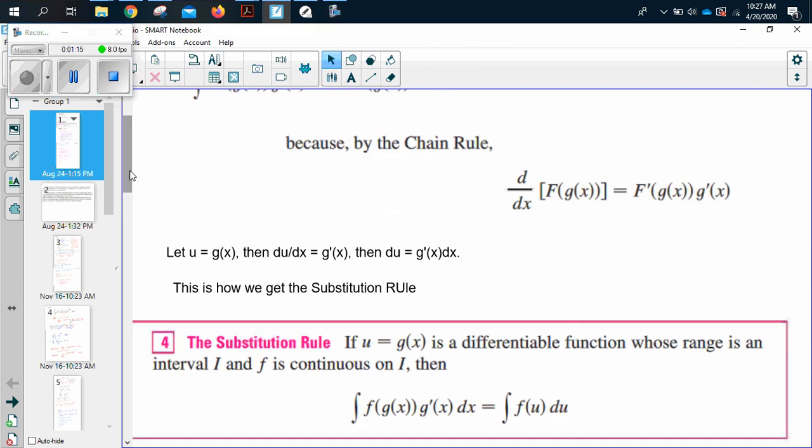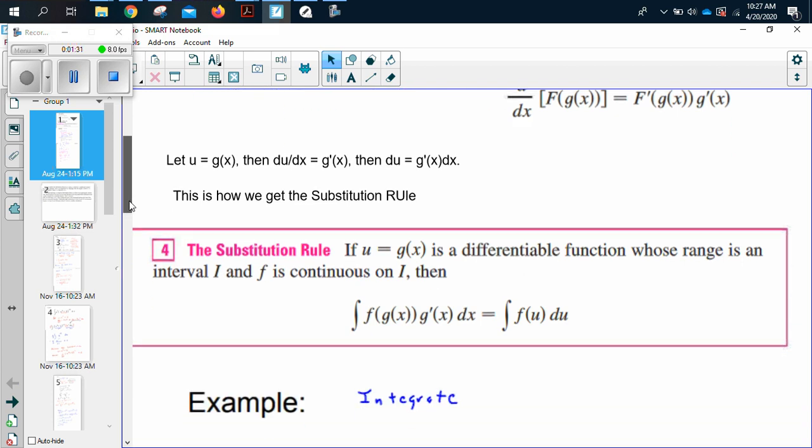So you can write it in a little different notation. Let u equal g of x, then du dx is g prime x, then du is g prime x dx.